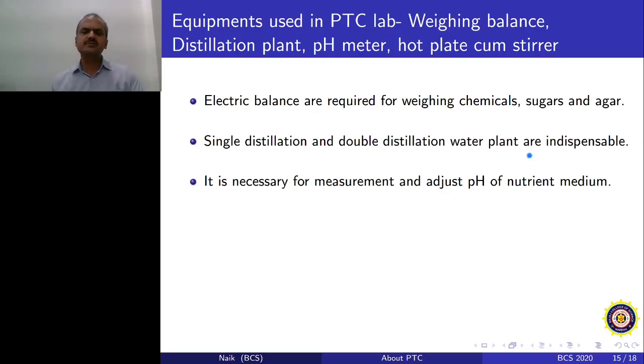Generally we adjust the pH between 5.6 and 5.8. Sometimes you can even keep 5.85 or 5.88. That is enough, because during autoclaving there is a slight reduction in the pH, so it can lower the pH of that particular solution. But always keep the pH in this particular range.